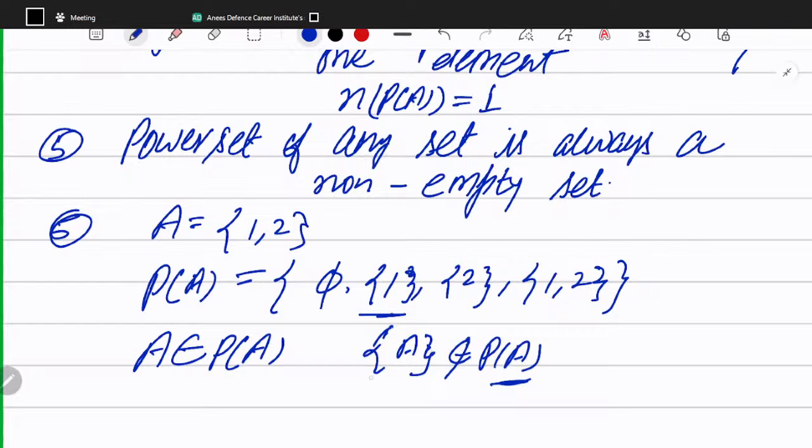That means there are two braces on left and right. In this case, {1, 2} has one braces, and in this case, {{1, 2}} has two braces. Therefore this element is different from this. Therefore, the set of A does not belong to PA. A belongs to PA because A is this one which lies in PA.